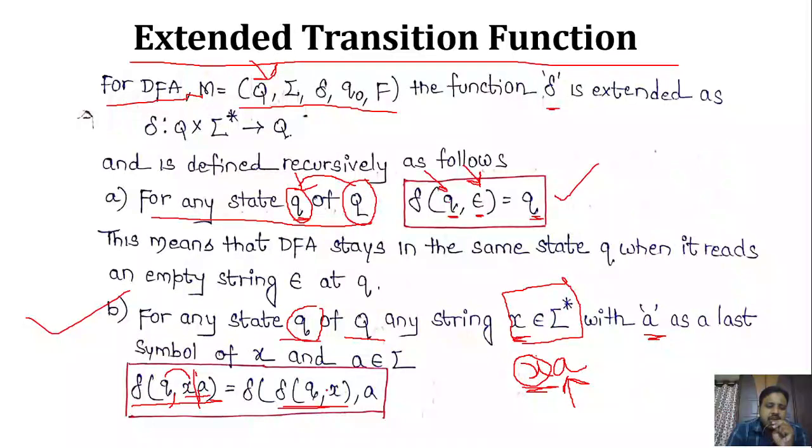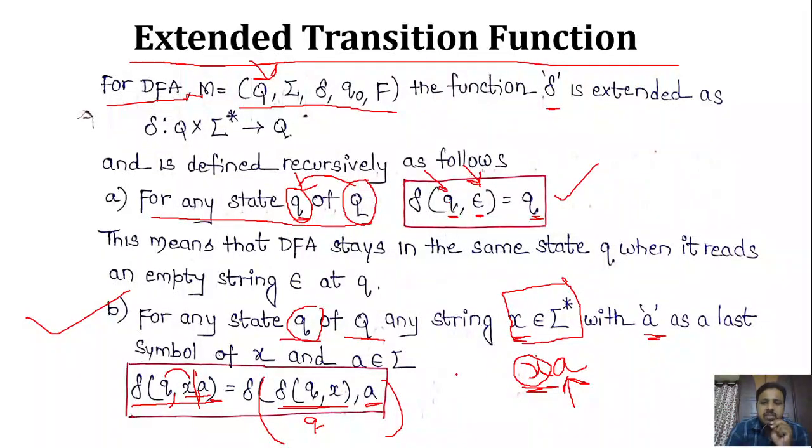Whatever the resultant state you get, by taking that resultant state and the remaining input, what is the remaining input? a. You have to apply the whole transition. So here you could see delta of q comma x comma a, the whole transition. Okay, so in that fashion you need to specify.